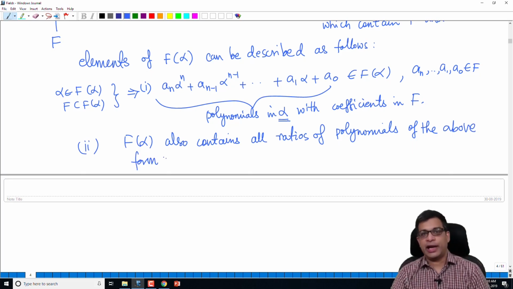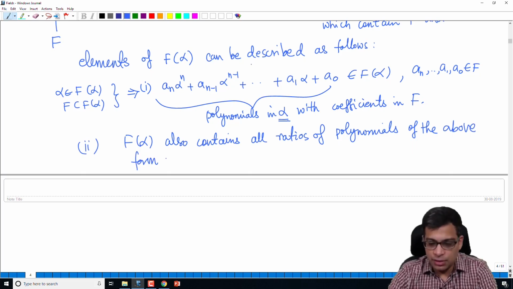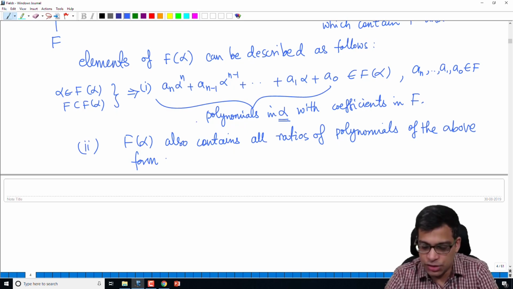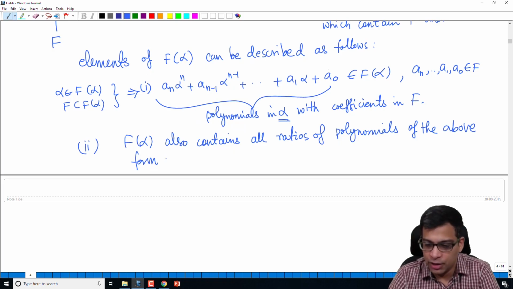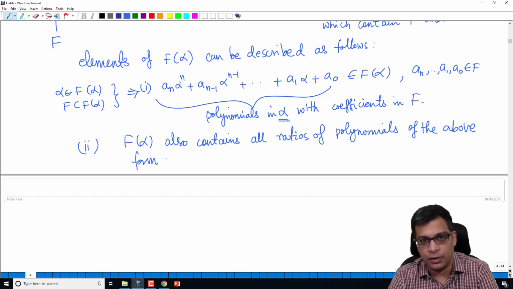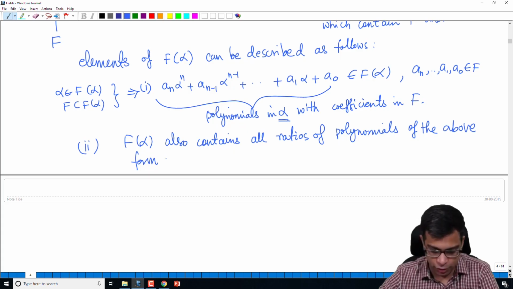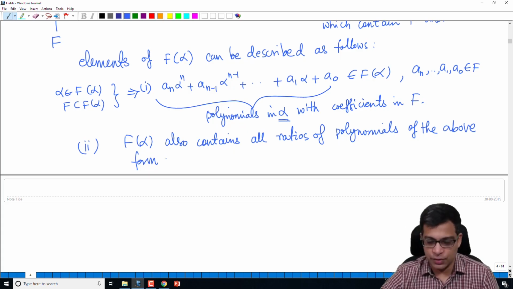Remember, now we are in the realm of fields. Any element that's non-zero is going to contain its inverse also. So F(alpha) is a field. As soon as you have such a polynomial which is non-zero, 1 over that, which is the multiplicative inverse, is there. That means we have to take all ratios of polynomials. Of course, the denominator has to be non-zero. That goes without saying, right?